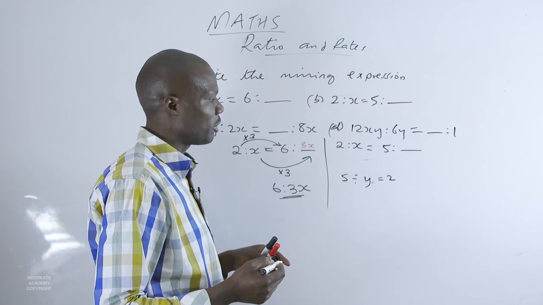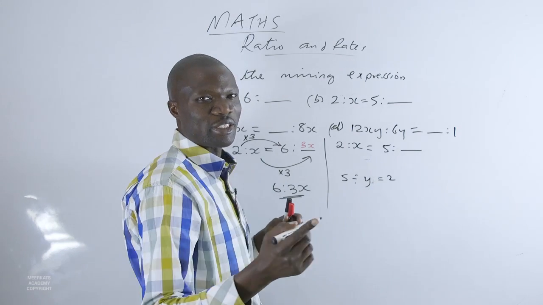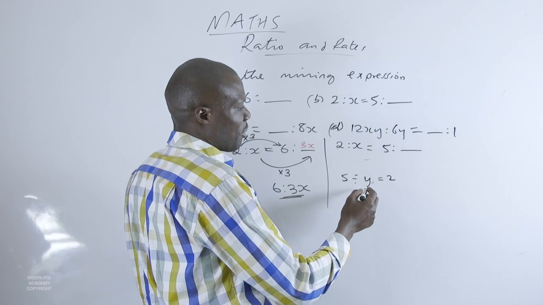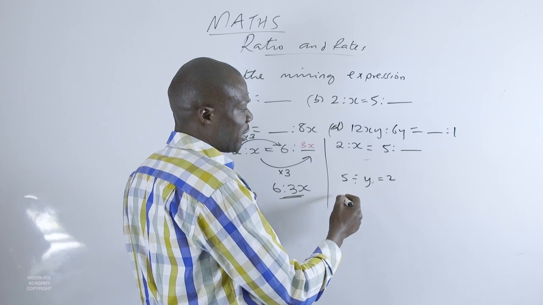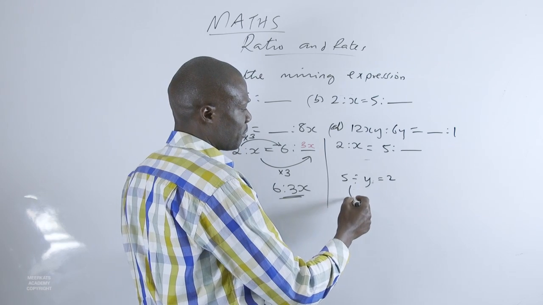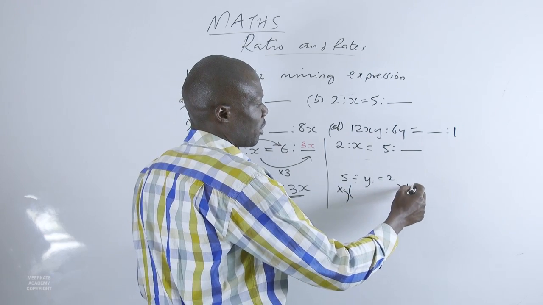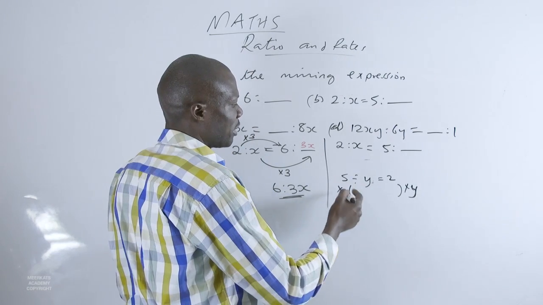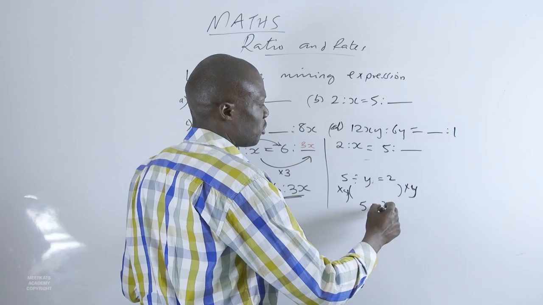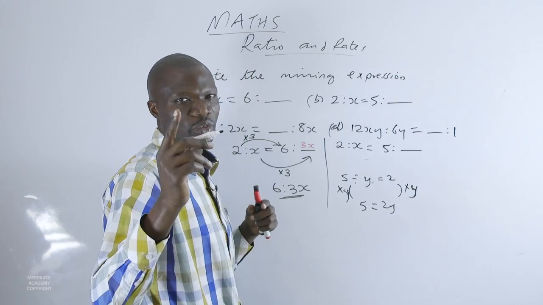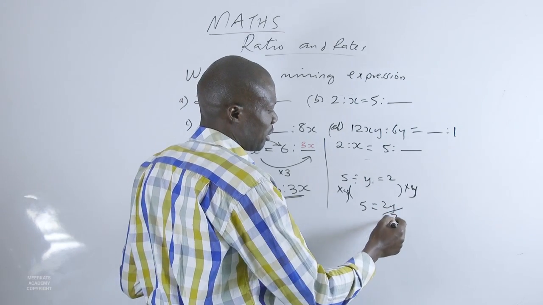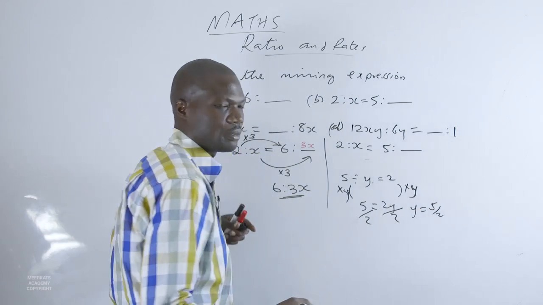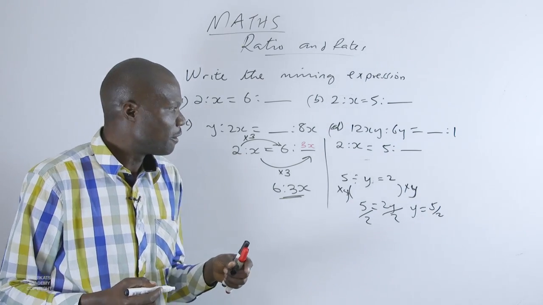I want you to see what we are doing here. So this implies that, take note of this, we simply multiply this side by y. When you multiply by y, this side we shall remain with 5 is equal to 2y. We want to find the value of y, divide this side by 2, divide this side by 2, y is equal to 5 over 2. Are we together?